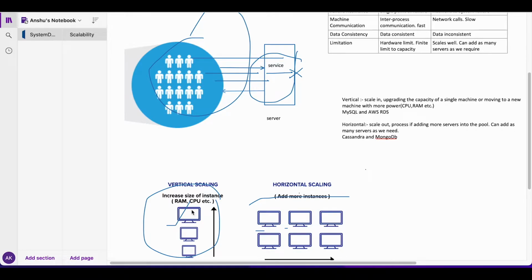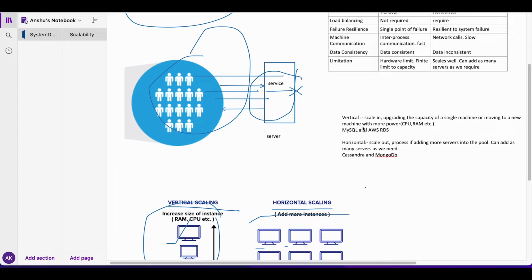These two things are called scalability. By scalability, we can scale the application to serve the large number of requests. Based on these two definitions, we have divided scalability into two parts: one is vertical scaling, and the second is horizontal scaling.